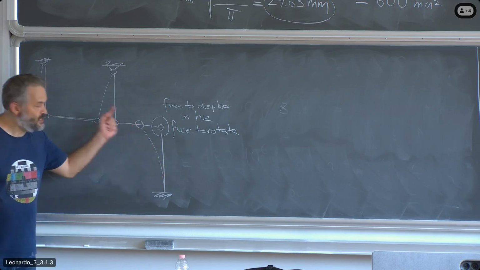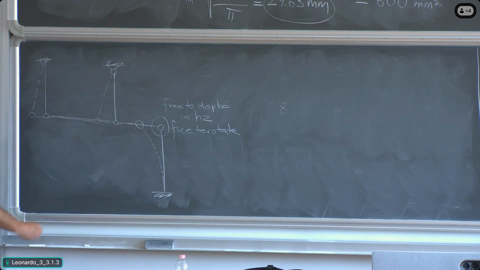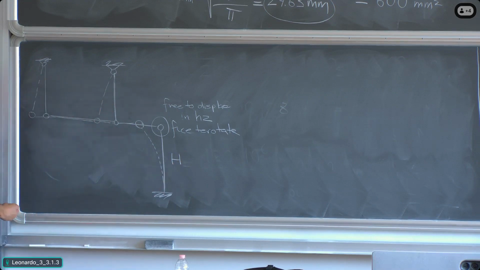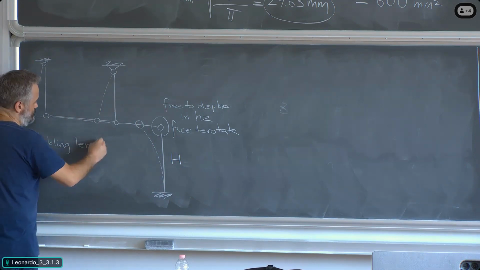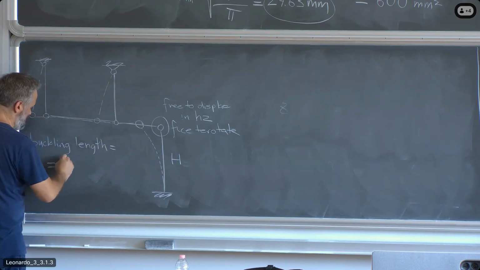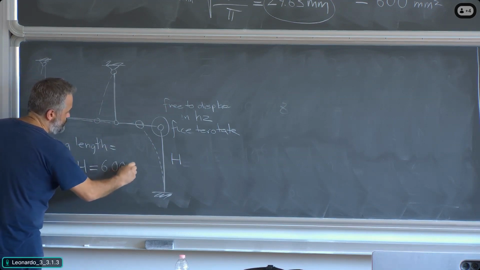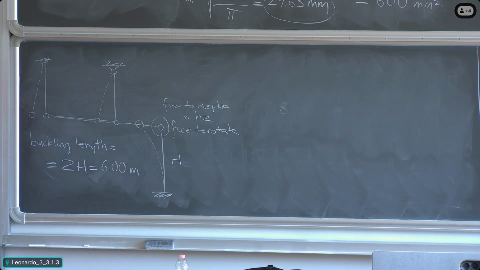Now, if this is the shape, what is the buckling length? If the length of the column is h, the buckling length will be 2h, which means 6 meters, because the assignment said h is 3 meters, okay?